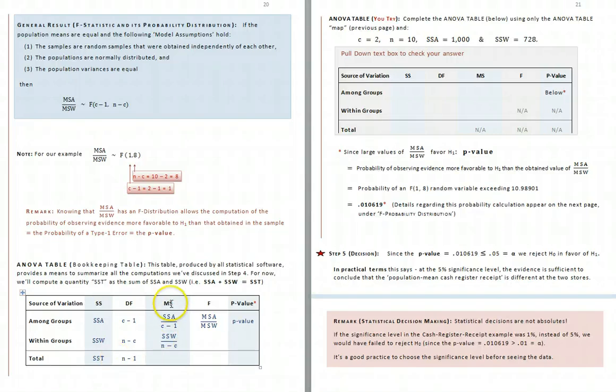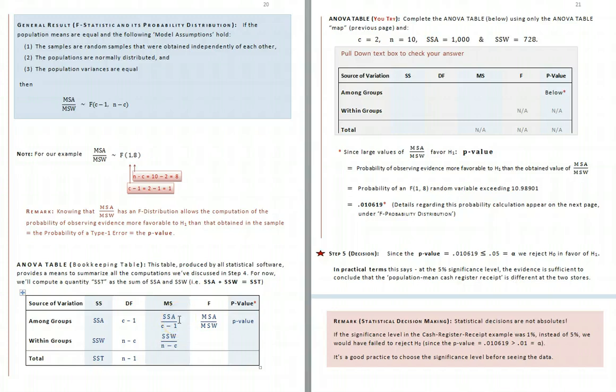And then you put in the MS quantities, the mean square quantities. You get the mean square quantities simply by taking what's in this cell, SSA, and dividing it by what's in this cell, C minus 1. That's MSA. To get MSW, you'd simply take what number you put in this cell, SSW, divided by its degrees of freedom, N minus C, and you'd get MSW.